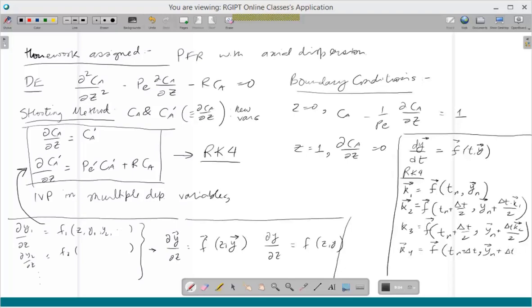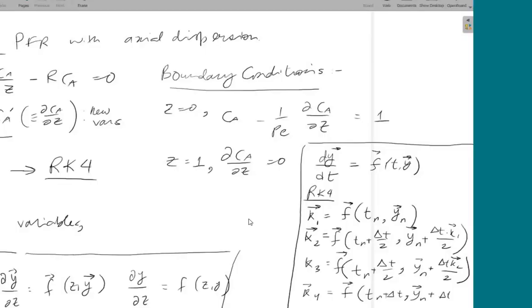And then finally the last step is calculating your next y, which would be given by yn plus h by 6 times these vectors, k1 plus 2k2 plus 2k3 plus k4 vector. This is your scheme for implementing RK4, as simple as that.